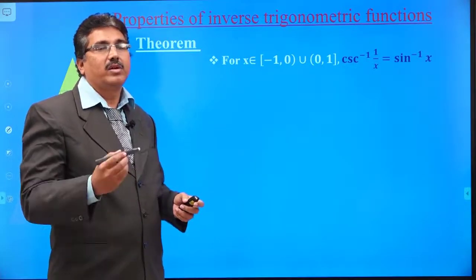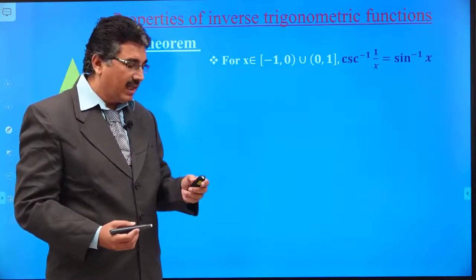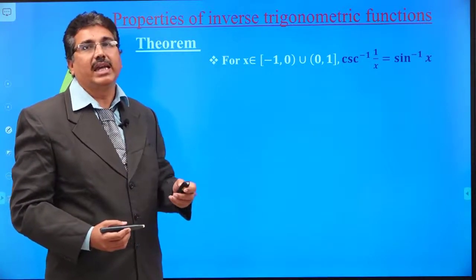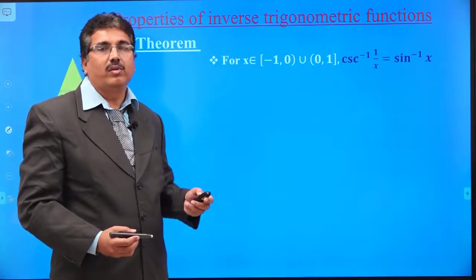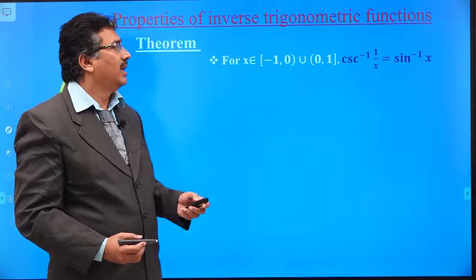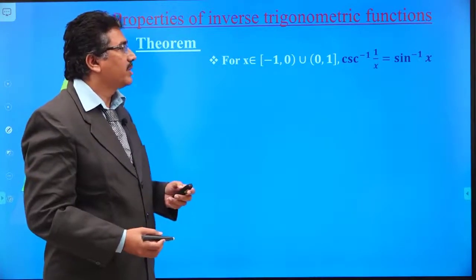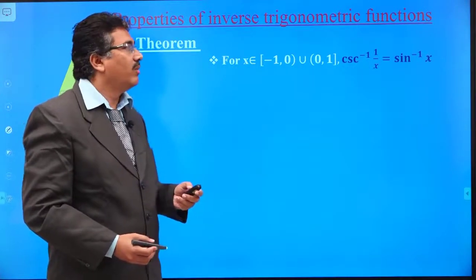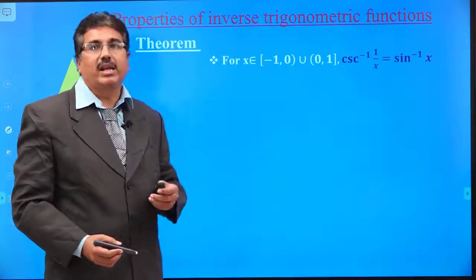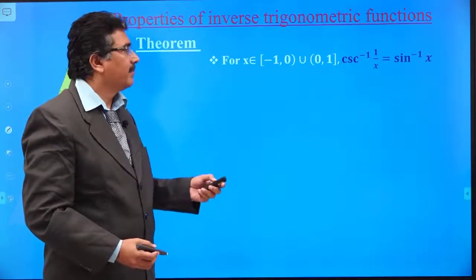From plane trigonometry, cosecant theta is equal to 1 by sine theta. Secant theta is equal to 1 by cos theta. From those properties, cosecant inverse 1 by x is equal to sine inverse x.